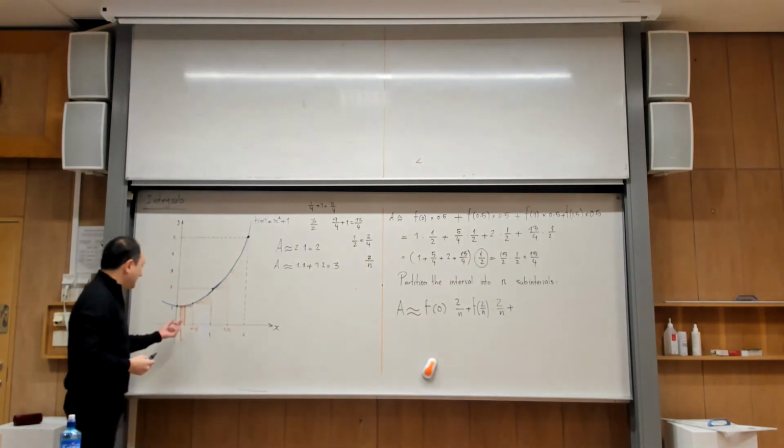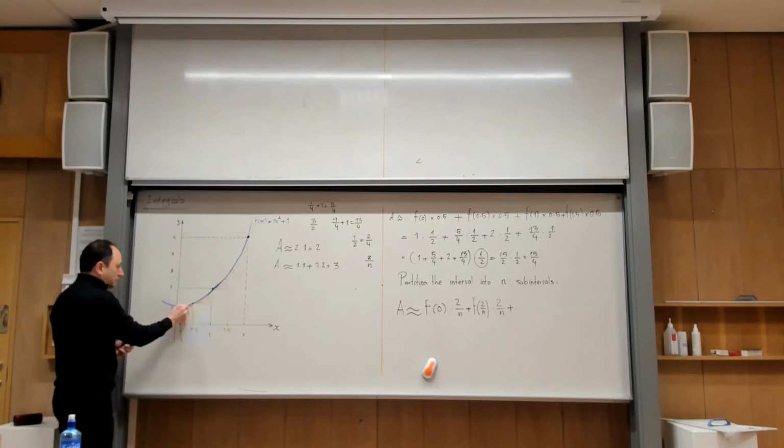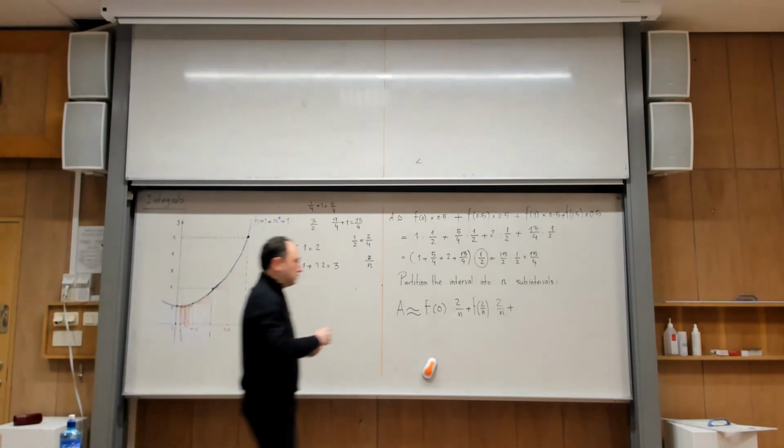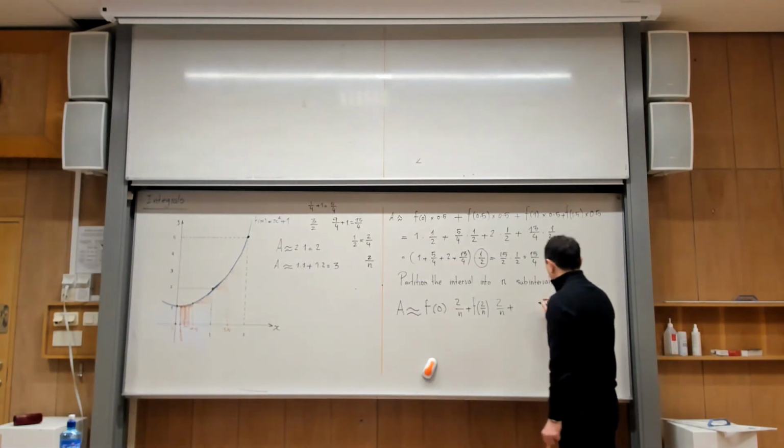Now can you tell me what is the area of the next rectangle? What is the width? It's still 2 over n. So let me write 2 over n. But can you tell me f of which value?